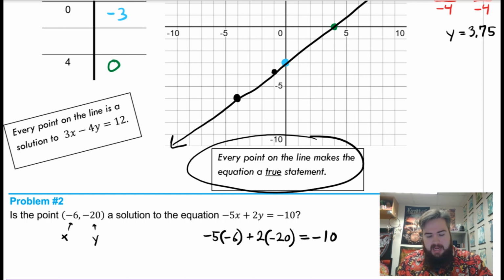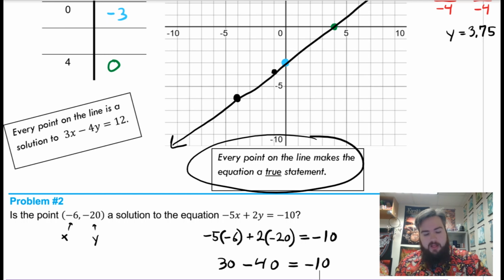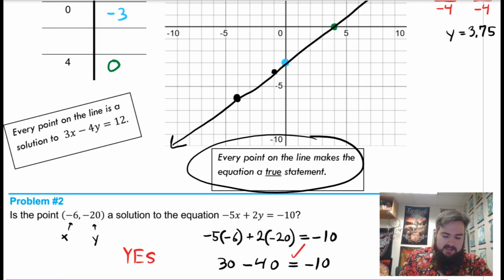If I solve that out, -5 times -6 will give us a positive 30. 2 times -20 is -40, so that would be -40. And if I look at that, 30 minus 40, that indeed does give us -10. So that means that this point, this pair of x and y coordinates, is a solution to the equation and therefore would also be a point on this line. So my final answer for this is yes.